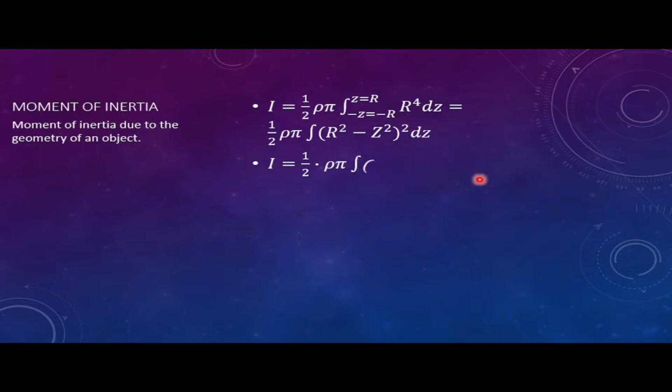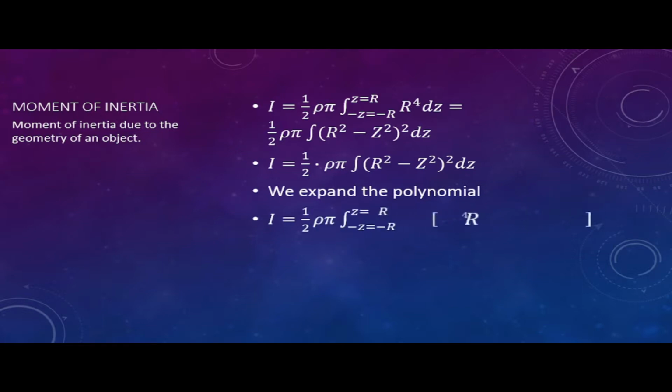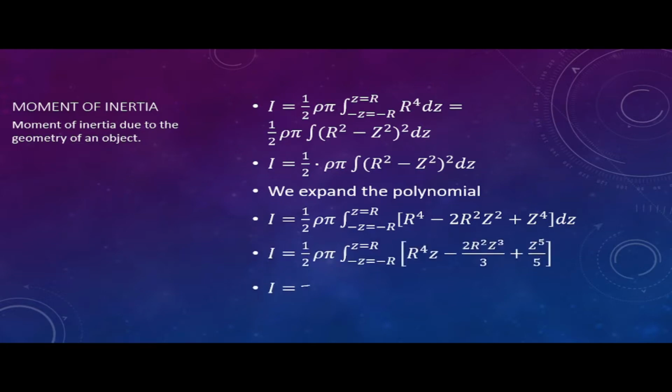So we expand the polynomial, and we will get r to the 4 minus 2r squared z squared plus z to the 4, and then we are going to integrate with respect to the z-axis, so we will get this formula: r to the 4 times z minus 2 z cubed r squared over 3 plus z to the 5 over 5.